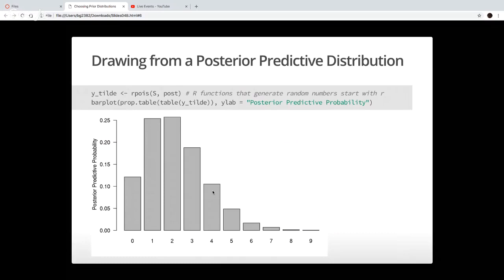And maybe you're saying, well, this looks a little bit farther to the left than what you may have thought based on the posterior distribution. But it's got a relatively long right tail to it, where there's at least a noticeable probability of there being 9 people in a house.